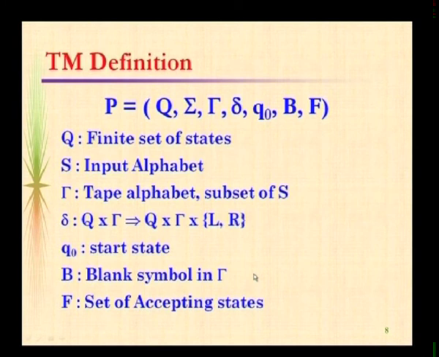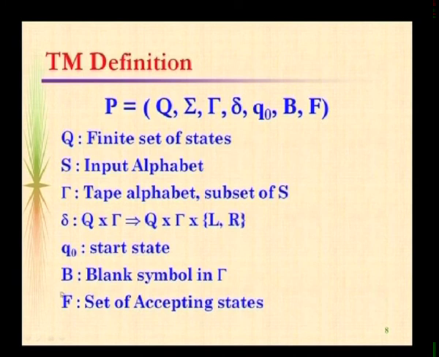So, how do you represent the cells where there is no input at all? We denote by B the symbol present in the rest of the cells. If an input is available in the tape, it is marked by symbols from the input alphabet or the tape alphabet. Whereas for the absence of symbols, we mark B as the symbol in the tape.